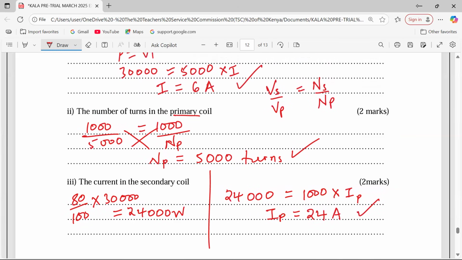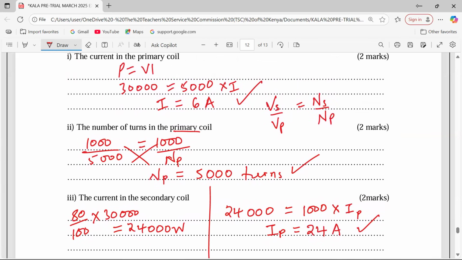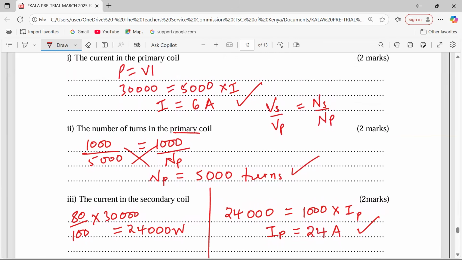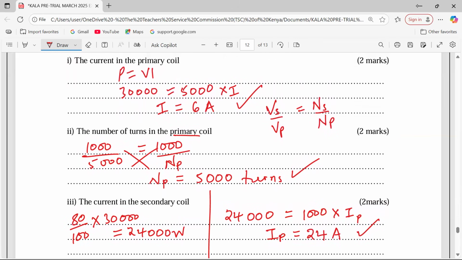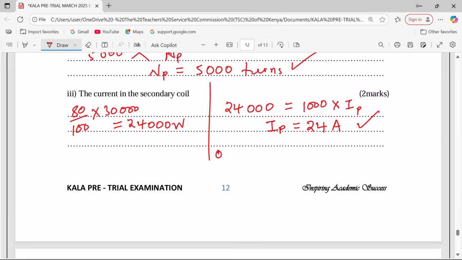I'm trying to see whether there is an alternative that we can use. Because in the secondary, we are having number of turns, and in the primary. Let me check. Number of turns in the secondary over number of turns in the primary should be equal to current in primary over current in secondary.